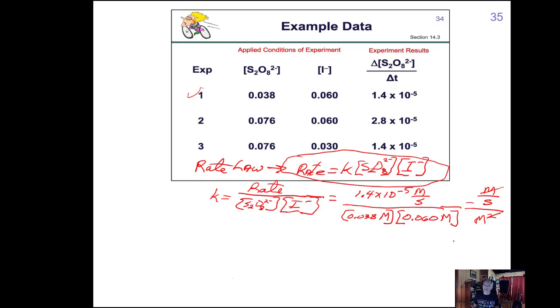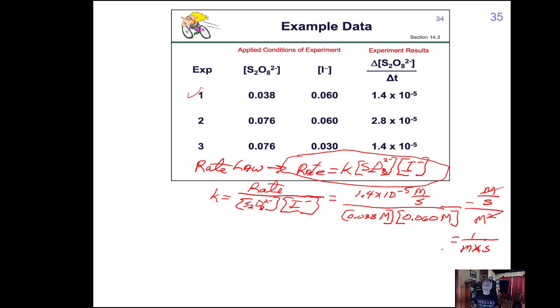So essentially, my rate constant units are going to be 1 over molarity times 1 over seconds, because this is 1 over seconds here in the numerator, and this is 1 over molarity in the denominator. So that gives me molarity times seconds.